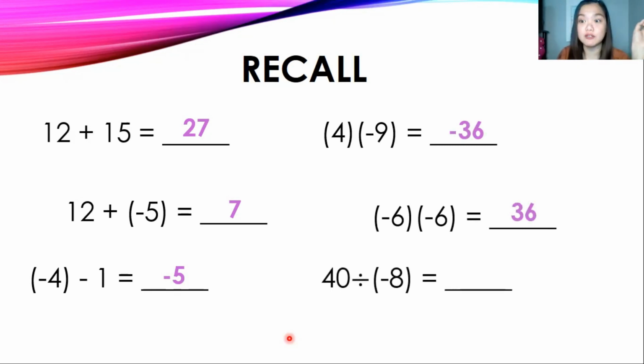How about if you have division this time? 40 divided by negative 8. Negative 5. Correct. They have unlike signs, so their quotient is a negative number. If they have like signs, then positive. Ganun. So, alam nyo na yan.